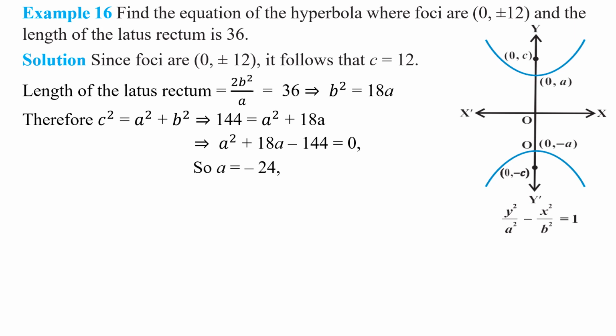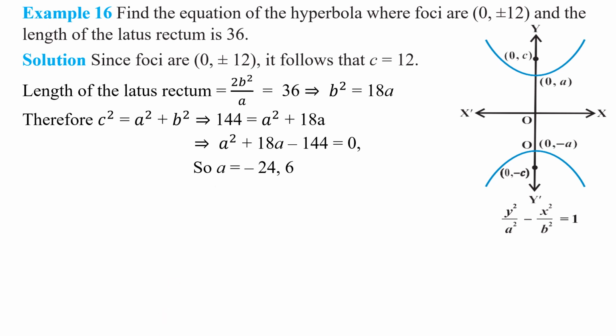So we get a is equal to minus 24 or 6. These are the two values of a. Yes, my children? And moreover here, a is equal to minus 24. The value of a should always be positive. Okay, my children? We ignore the negative value because here a denotes the length of the half of the transverse axis.